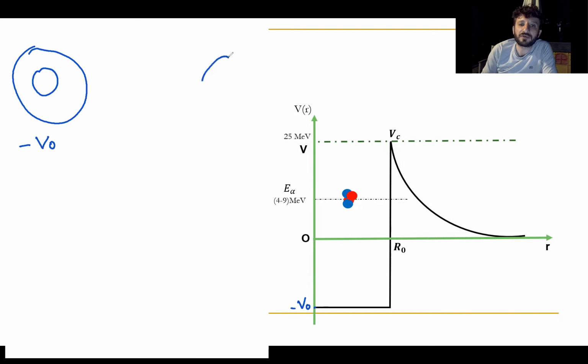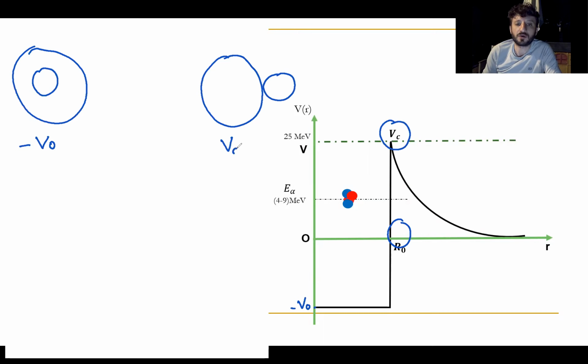When we have the alpha particle outside, for example at this point, we have V maximum, V Coulomb maximum. So let me calculate this value.